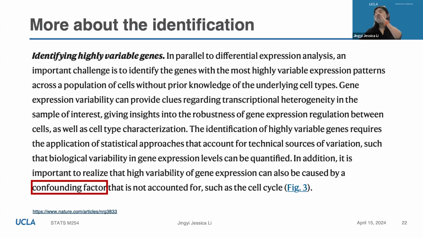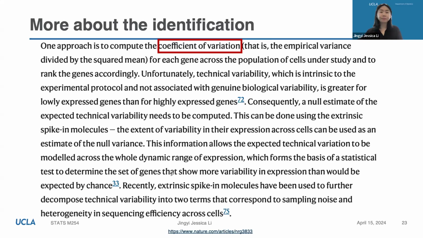So this paper mentions an important thing, which is the consideration of confounding factors, whether their effects on your variance is what you're interested in, or we should remove them, right? If you want to remove them, what would you do? So very soon we'll show you that you could remove them in the regression approach by directly doing that in SCTransform, okay, because it's a regression-based framework.